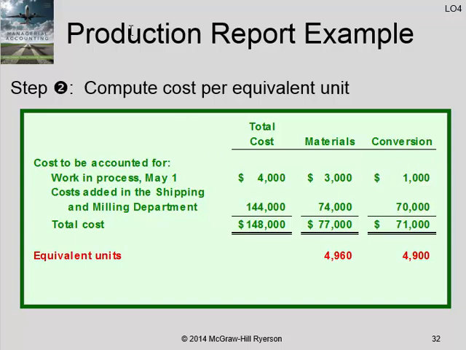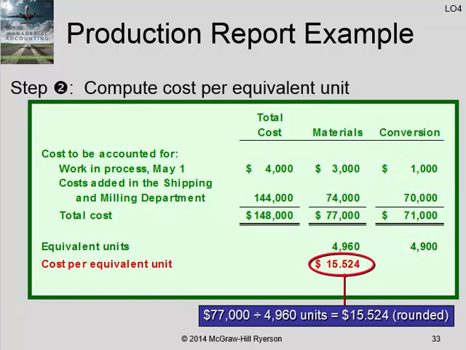Costs that we've inherited in our beginning work in process, and then the cost that we're adding. And so you lay it out like that, and then we have the total cost for the month, 77,000 for direct materials, 71,000 for conversion costs, and the equivalent units. So cost per equivalent unit, you guessed it, 77,000 divided by 4,960 and 71,000 divided by 4,900, and that gives us the following.